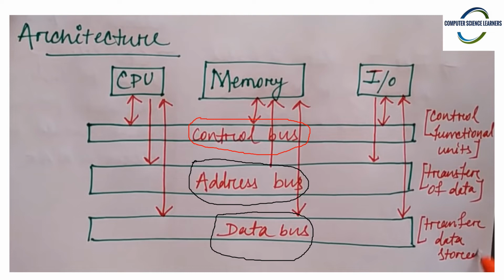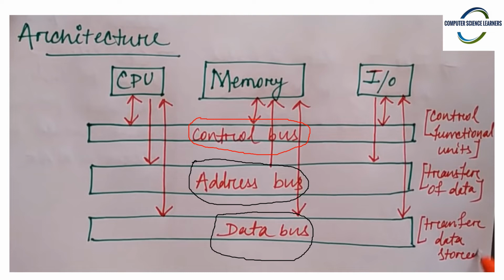A bus can be unidirectional or bidirectional, right? The data bus is bidirectional, so the CPU can send the data and perform the write operation on the memory as well as read the data. The address bus is unidirectional because only the CPU sends the address to the memory, whatever location it wants to access, right?